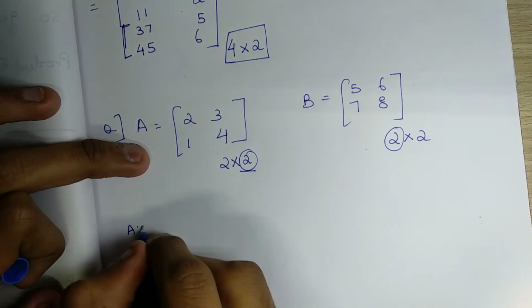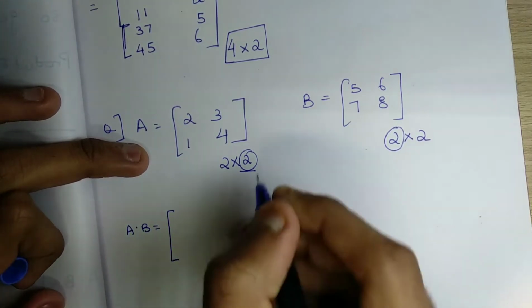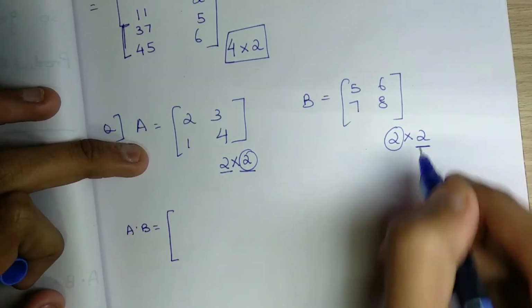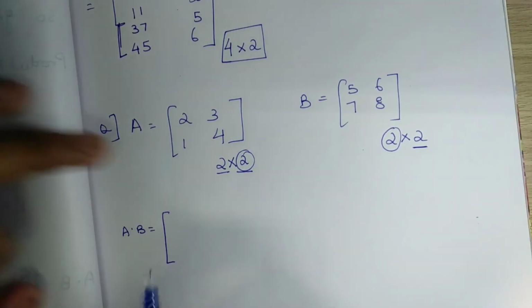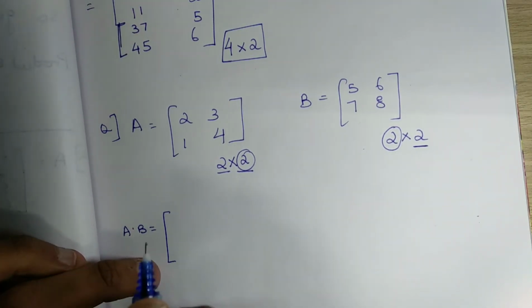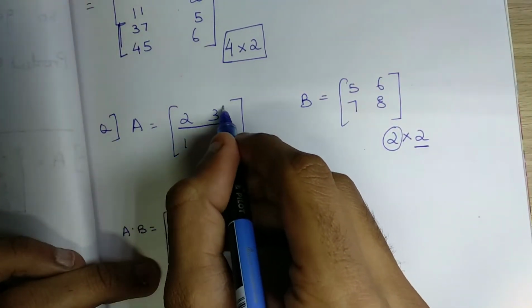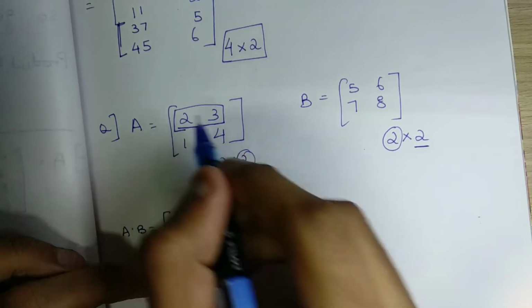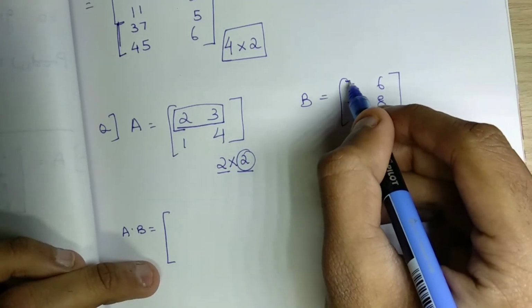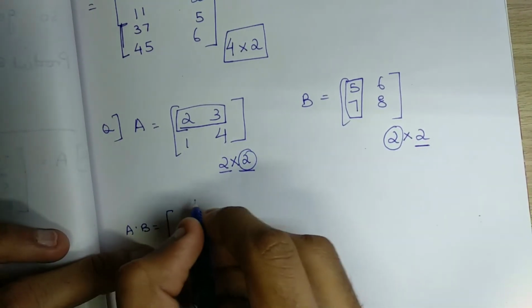So A into B will be a 2 by 2 matrix. Simple, as we did for the first sum. We multiply the individual elements along the first row of matrix A with the corresponding elements down the first column of matrix B and then add them.